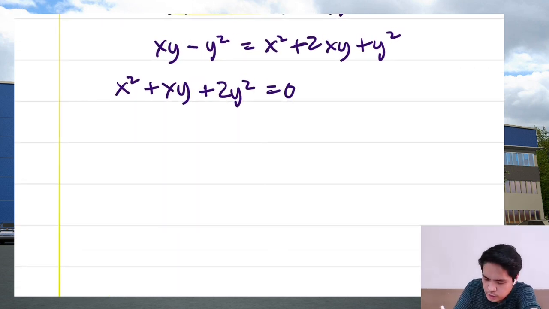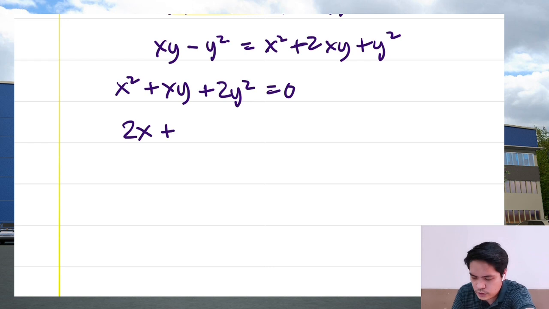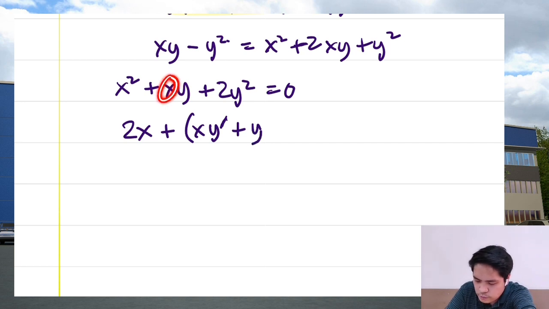So that would be 2x plus the derivative of xy. This is a product of x and y, right? So copy the first, derivative of the second, plus copy the second, times the derivative of the first, which is just 1. So the derivative of xy is just xy prime plus y.